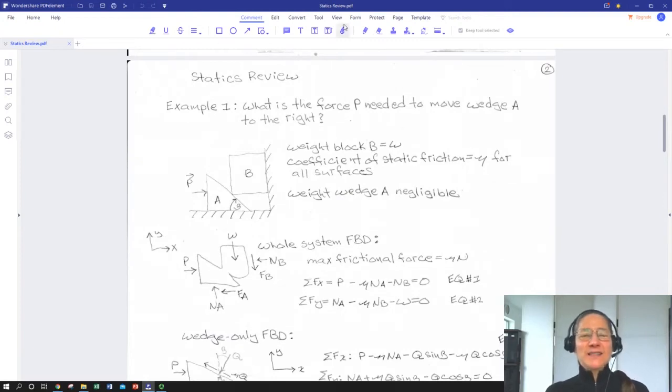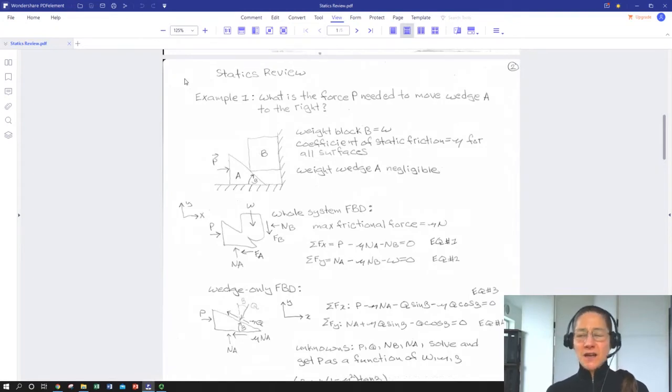So let's pan back and walk through a few quick examples to warm up our equations of equilibrium mental muscles before we start diving into definitions of stress and strain for mechanics of materials.